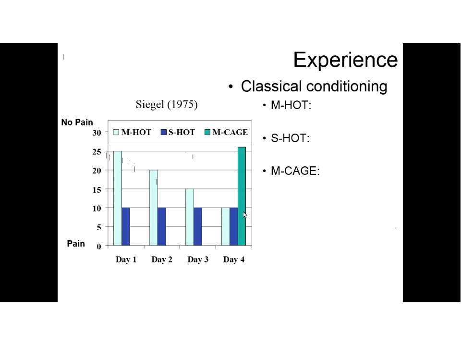So morphine now is effective for this group. And the only difference between this morphine cage and the morphine hot group is that this group is receiving the morphine in the new context, demonstrating potent evidence that where you receive the drug is really important.